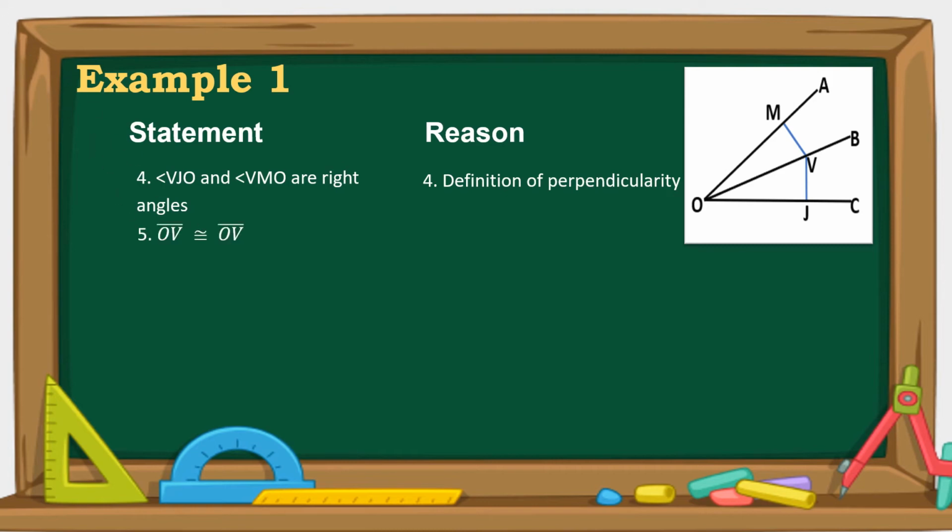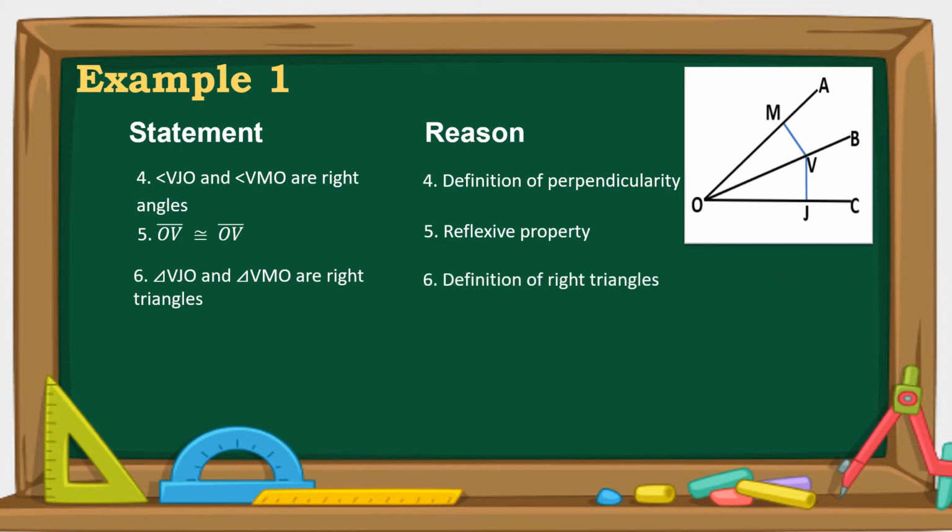Fifth statement. Line segment OB is congruent to line segment OV. Reason? Reflexive property. Statement number 6. Triangles VJO and VMO are right triangles. Reason? Definition of right triangles. Statement number 7.